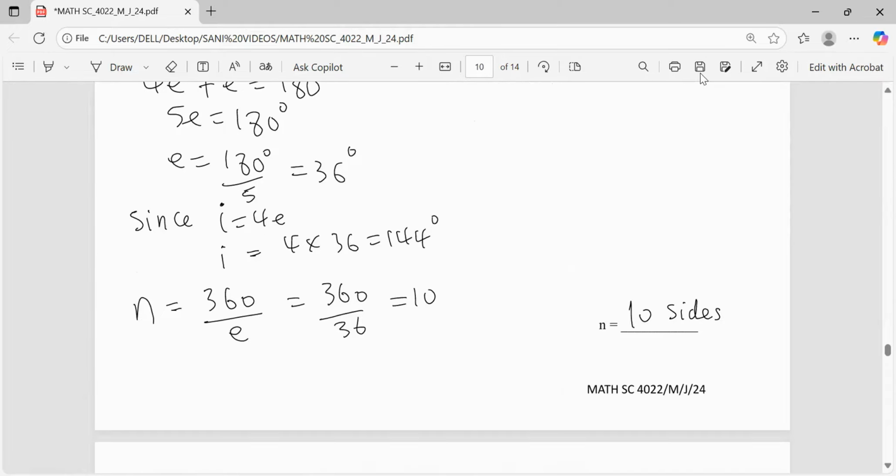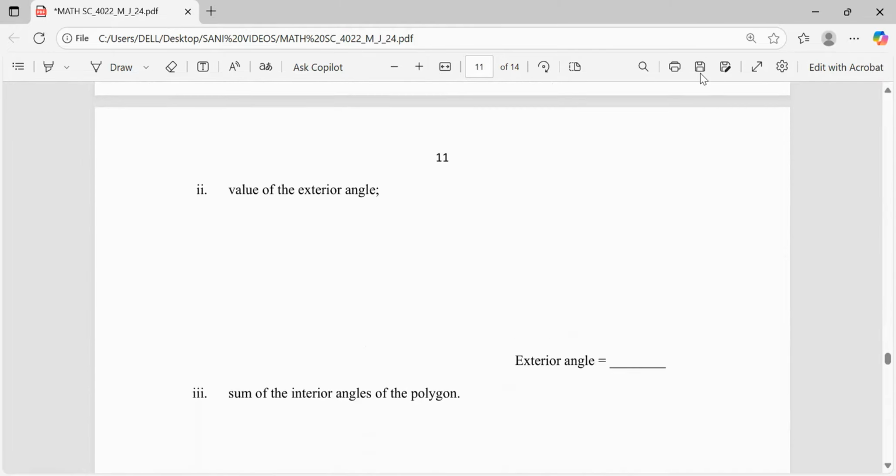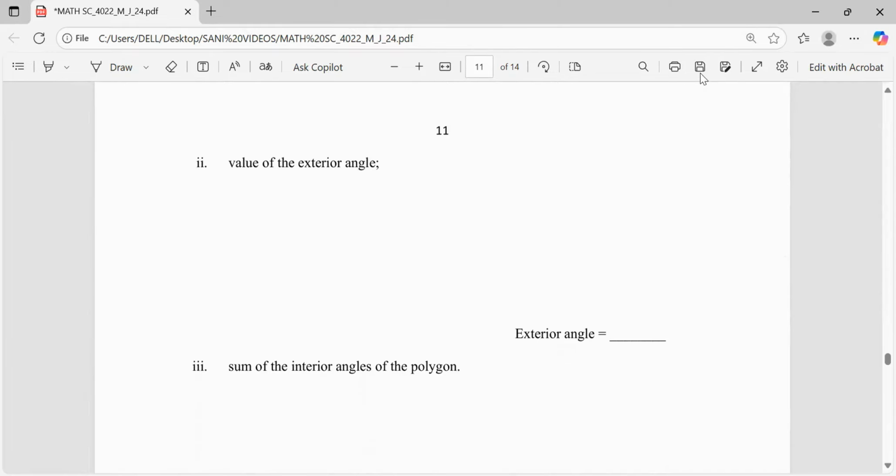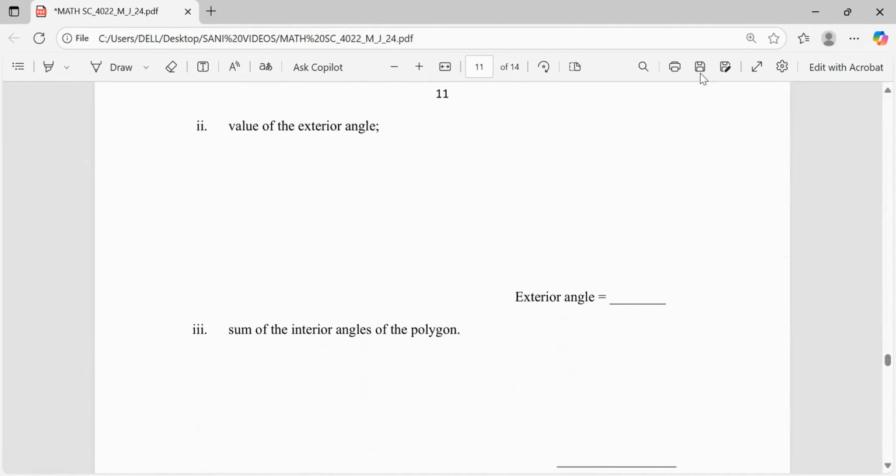Next, the question says find the value of the exterior angle. We have already found the value of the exterior angle.